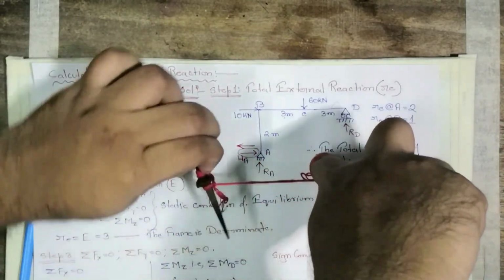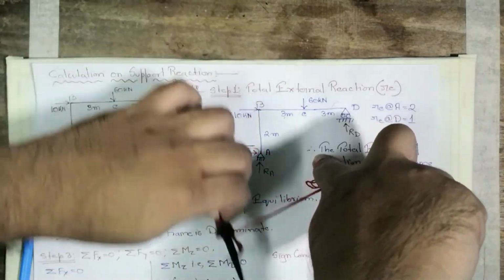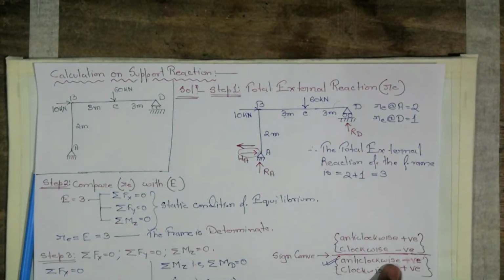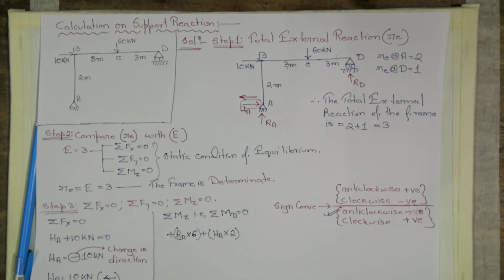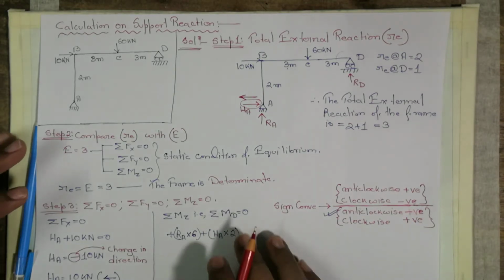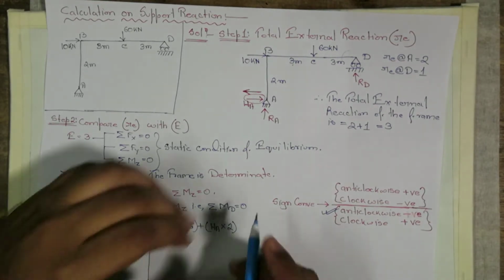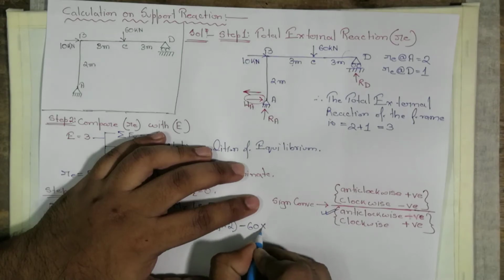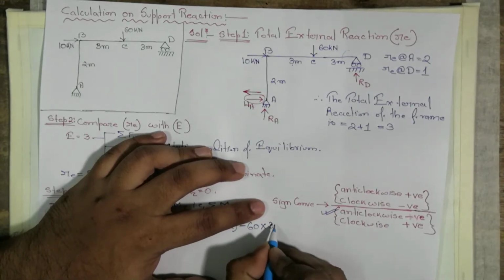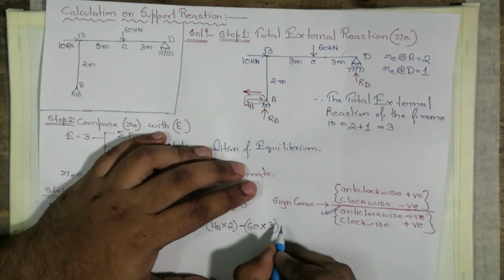It is anti-clockwise direction, as you can see. So we are going to write it as negative, because anti-clockwise direction is negative. So minus 60 into 3 equal to 0.